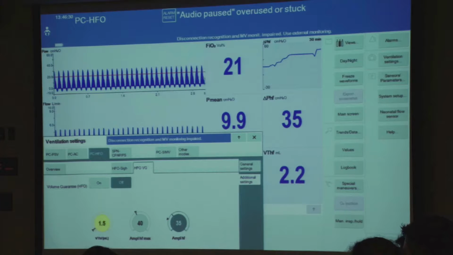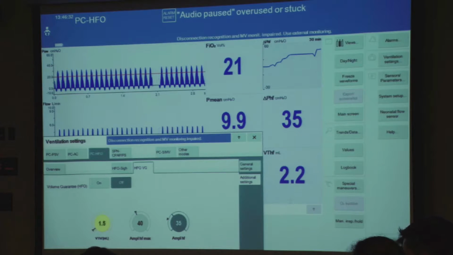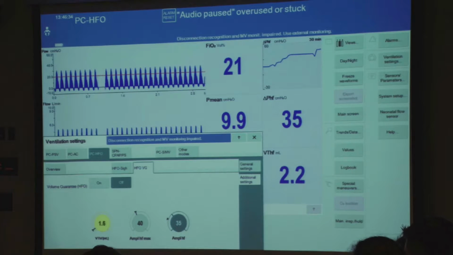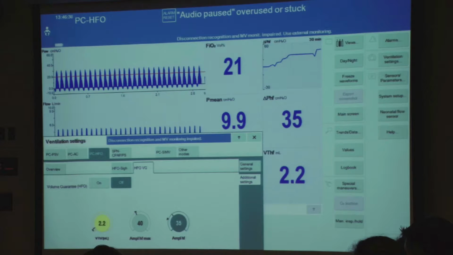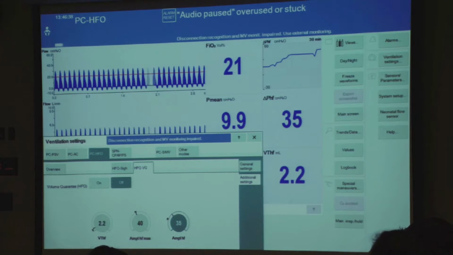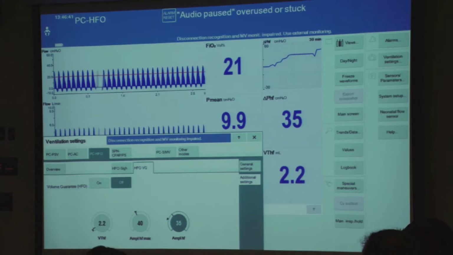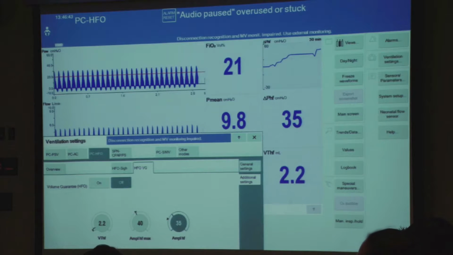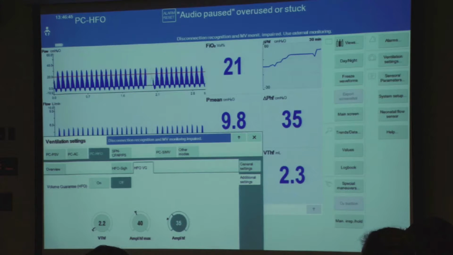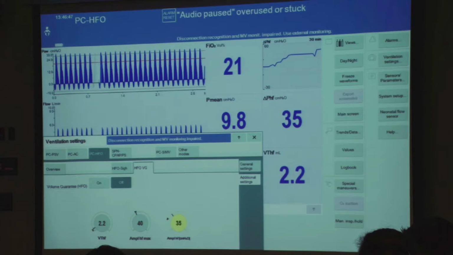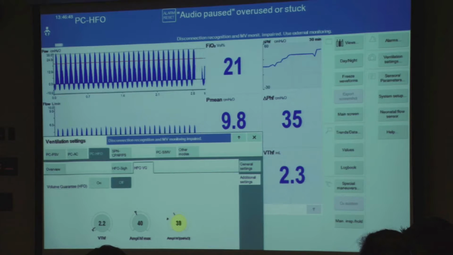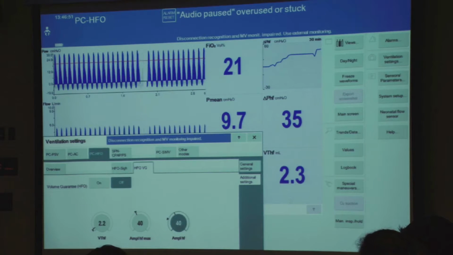We dial it the same as in conventional volume guarantee. We dial the volume that we want, and we say, let's stick to 2.2. But I'm going to give you a credit of amplitude to play with. That's going to be 40.